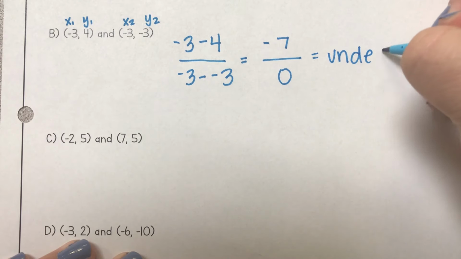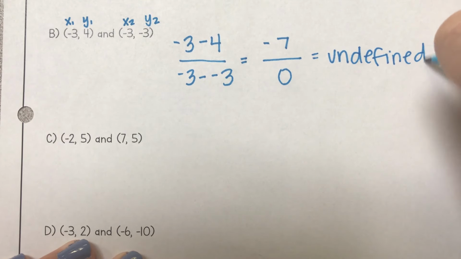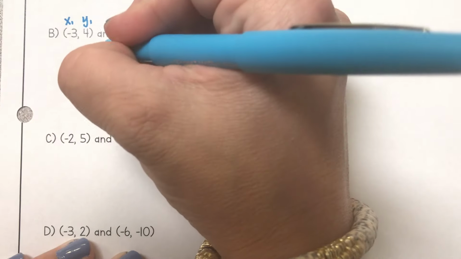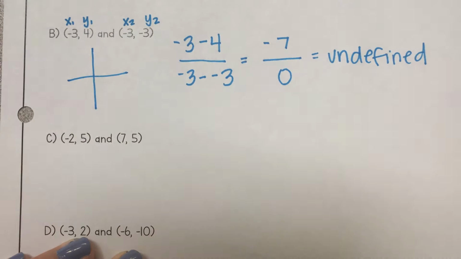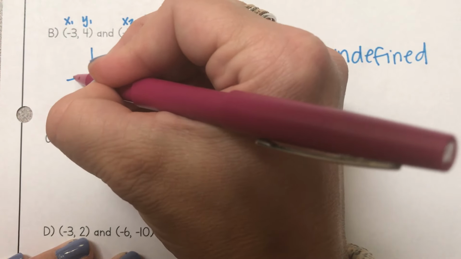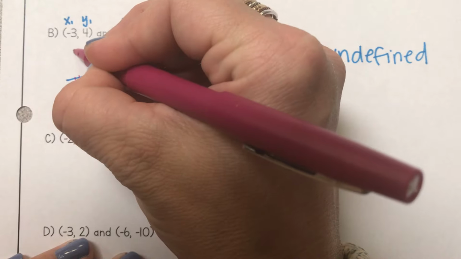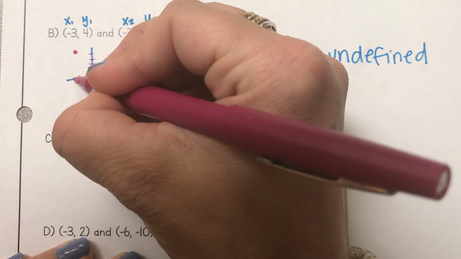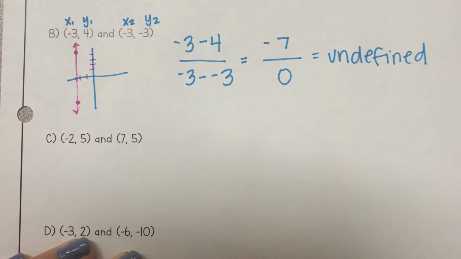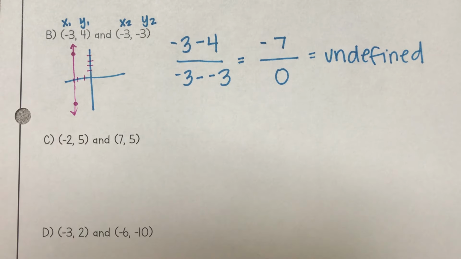That is not allowed. If I try to type that in, it's going to give me undefined. So let's look. If I were to do a rough sketch, this point would be negative 3, positive 4. This one would be negative 3, negative 3. What kind of line did that make? Vertical, which is undefined.